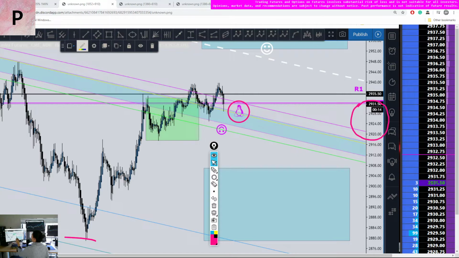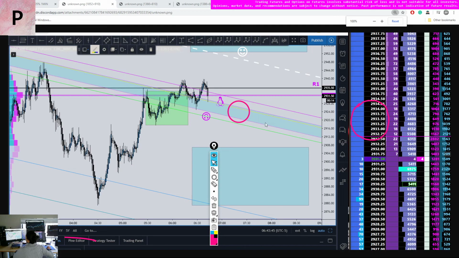So I'm going to zoom out a little bit here to try and get a super clean view of this block. To give you perspective, I grabbed this block specifically from the very basic concepts of support and resistance.